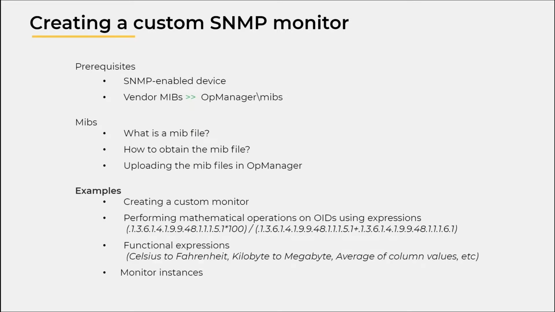OpManager stores all the MIB files in a folder called MIBs, which is available under the OpManager folder. All you need to do, once you have the MIBs ready, is copy and paste the MIB under the OpManager MIBs folder, which will automatically import the MIB into OpManager. Let me show you that folder.